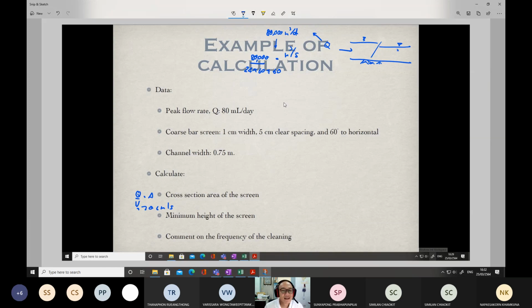Okay. So if you know this flow rate, you will finally get the area. So the area of the screen, actually, this is just the opening area. Okay, A is just the opening area.